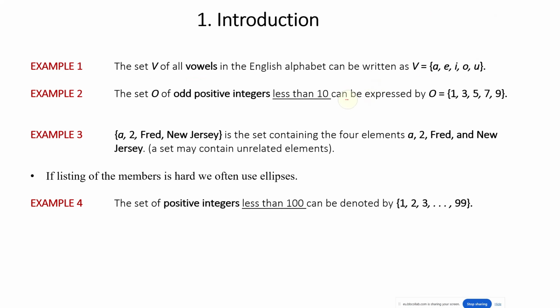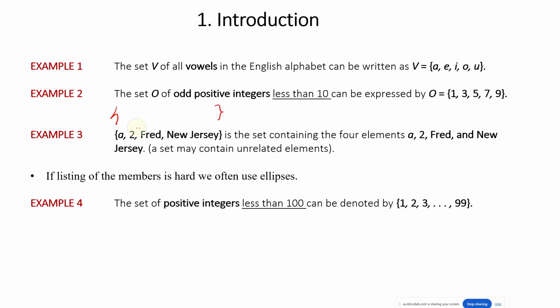All these share some kind of property, but it doesn't have to be the case. I can have a set like this. What property do they share in common? Well, nothing really, but this is still a set because it has elements.